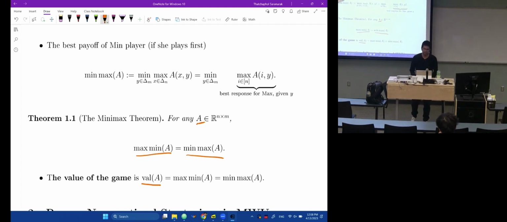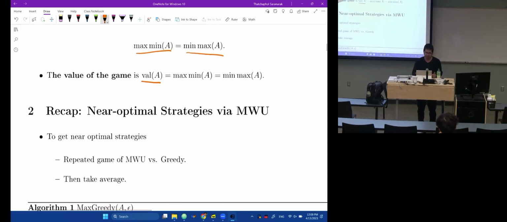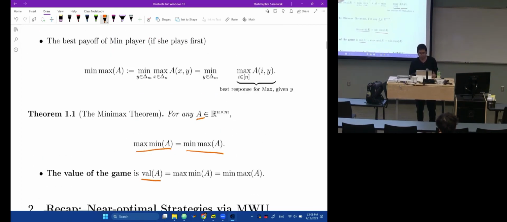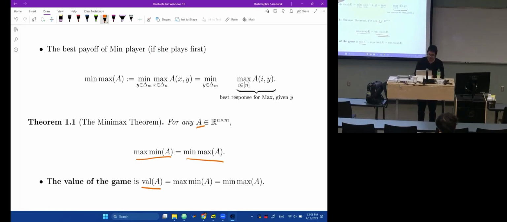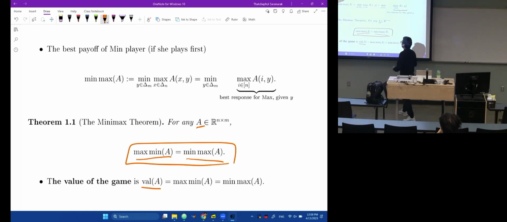Okay. So that's from last time, and let me recap further. We know that these are the same, and the way we showed that they are the same is not just some existential proof.